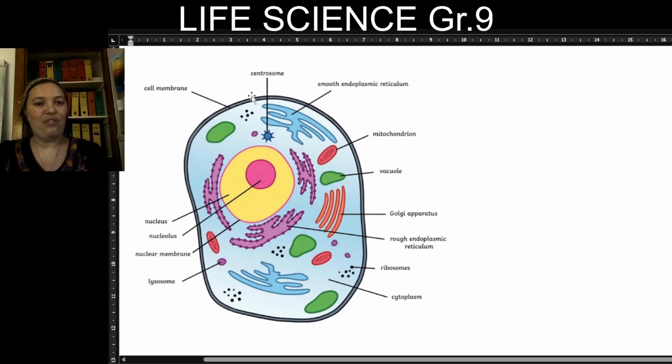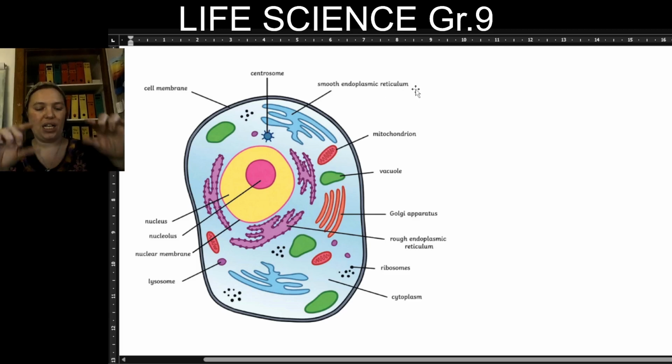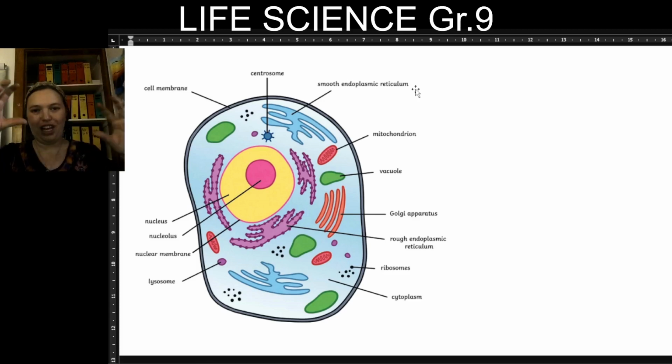Let's go here from the top. The centrosome is right by the nucleus, and it plays an important part in cell division. Then we've got the endoplasmic reticulum, which is basically weird, flat, pockety kind of things.